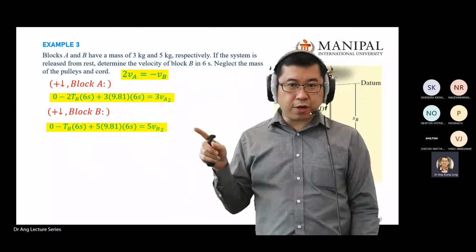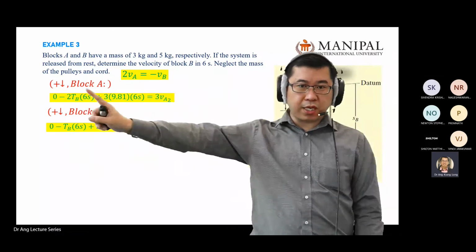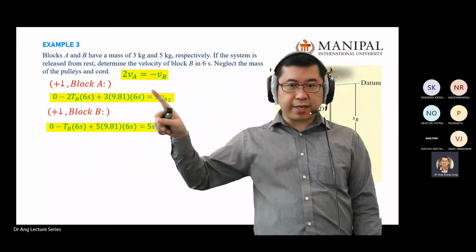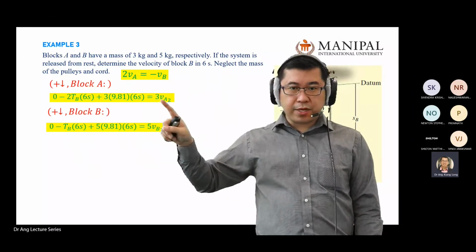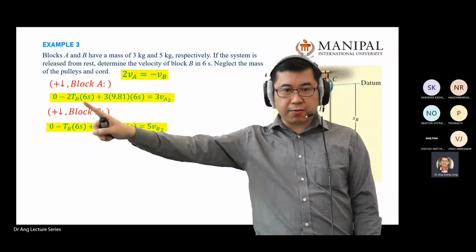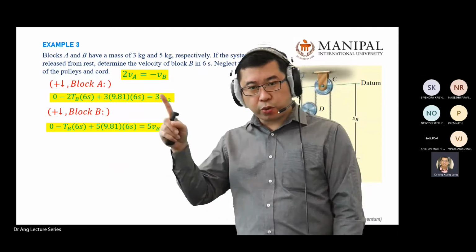So you can simplify using TA equal to 2TB in this equation, and you have three unknowns here: TB, VA, VB. Three unknowns, two equations, cannot solve.